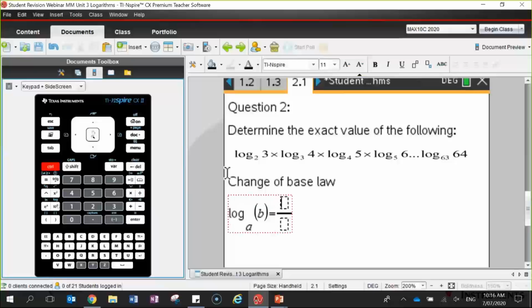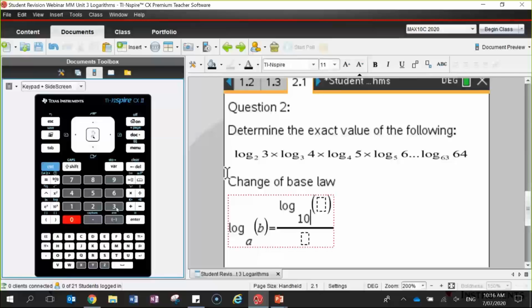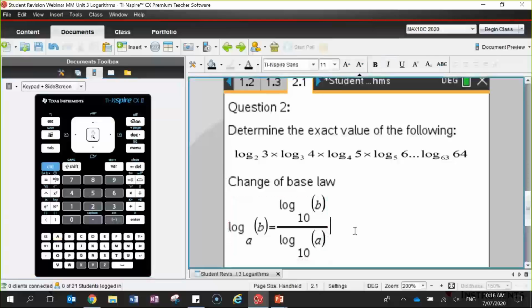I want log base 10, which remember we can just write as log, and I use the b value in my numerator. Then I have log base 10 and the a value in my denominator.